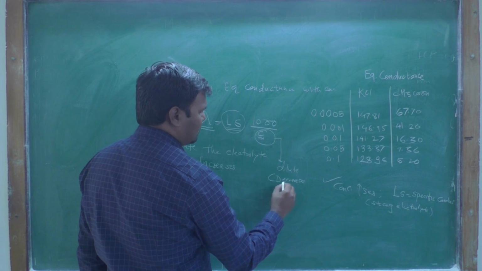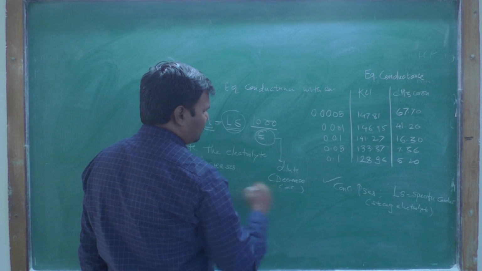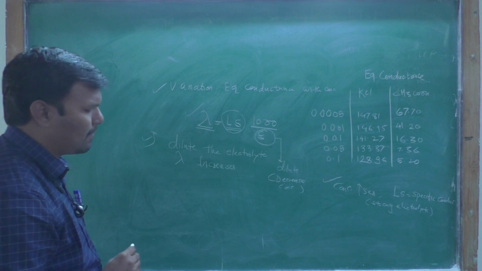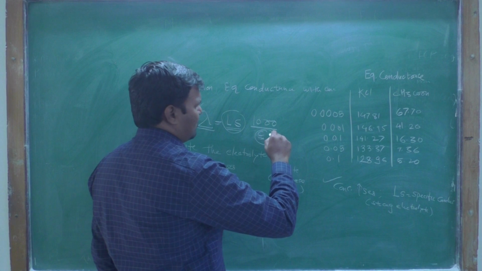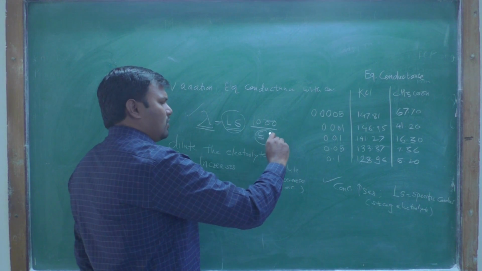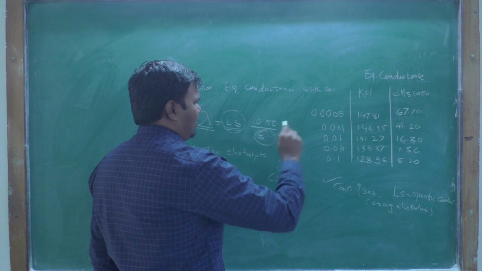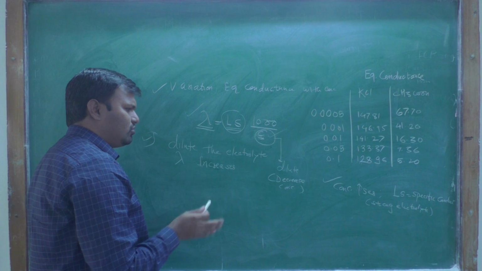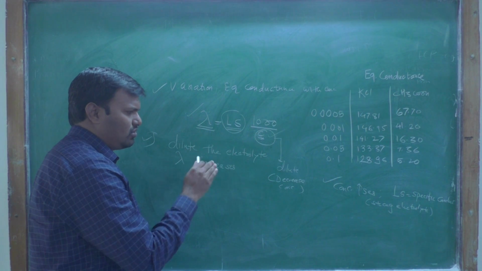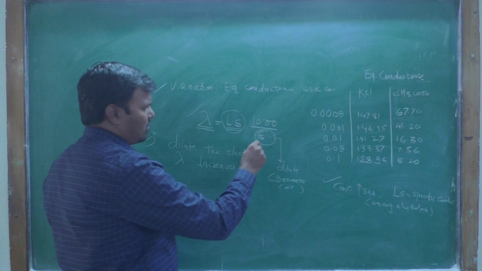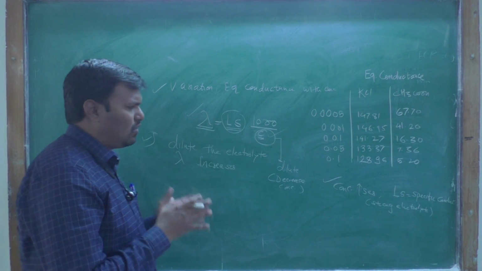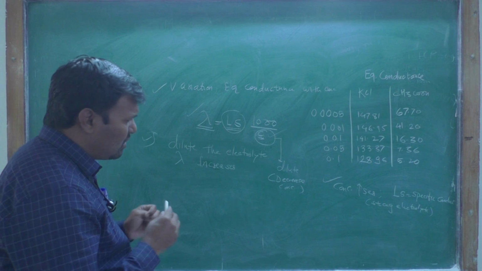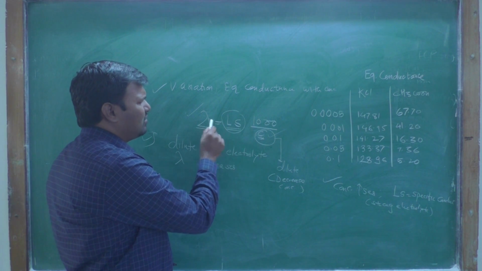Dilute means what? Decrease in concentration. The decrease in concentration means the denominator value decreases. Concentration decreases means your denominator value, that is C, that is concentration, decreases. You know that it is inversely proportional.